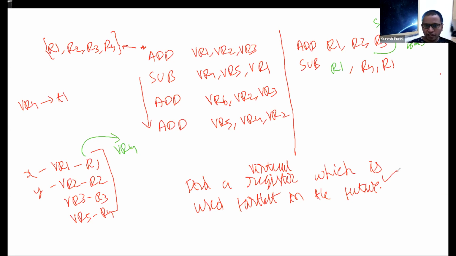Spilling is nothing but evicting the variable sitting in that virtual register and its associated physical register. So this is the main idea. This is an extremely cool algorithm, and a nice thing to implement in LLVM if you are trying to get your hands dirty and see how LLVM works.